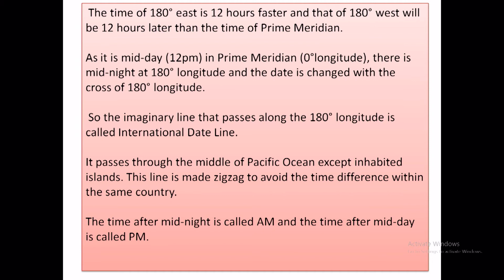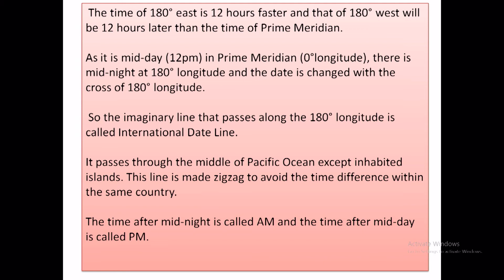When we cross the international date line, the date will be one day ahead or later there. So, it will be midday, 12 p.m., at the prime meridian, which is at 0 degree longitude, and there will be midnight at the same time at 180 degrees longitude. So, that is the international date line.